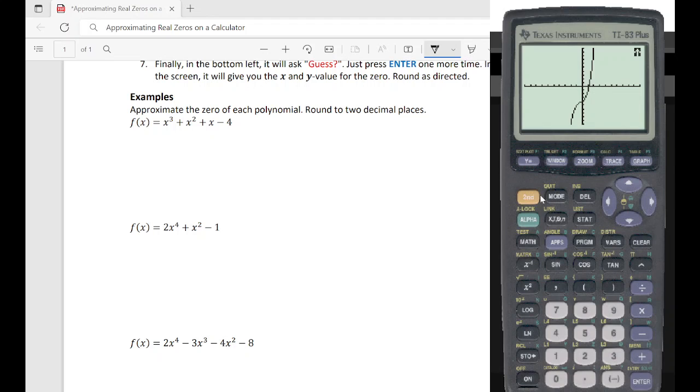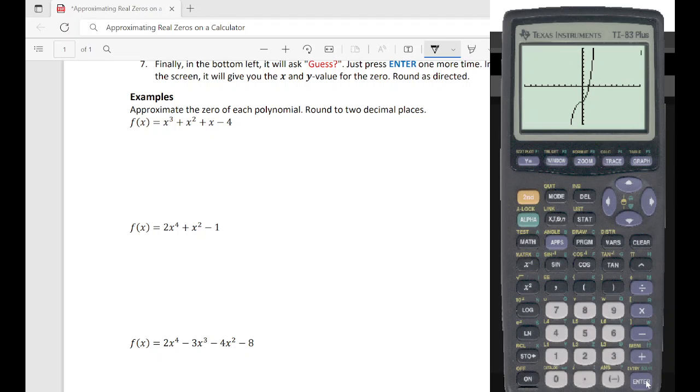So we're going to press second and trace, and we're going to go to the 0 option, number 2. And so it says left bound, so we're going to take our cursor to where it crosses the x-axis, right about there, and go a couple spaces to the left, hit enter, then it asks for right bound, so we go back to where it crosses, and then a couple spaces to the right.